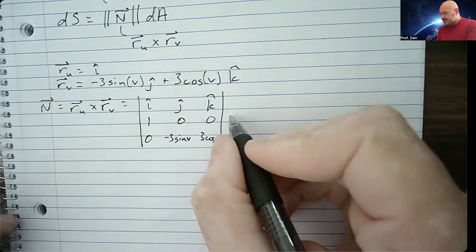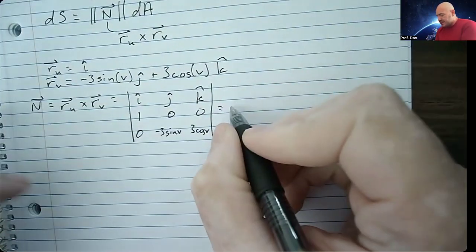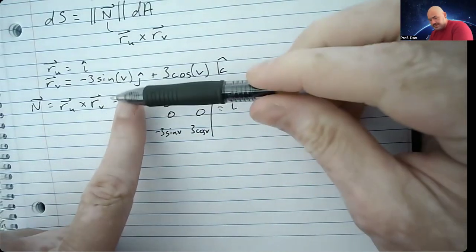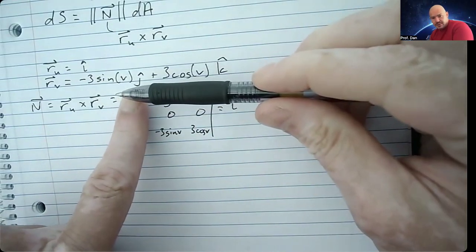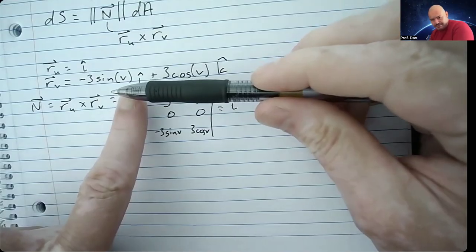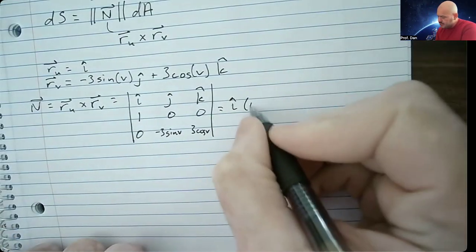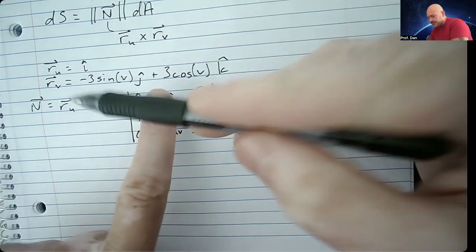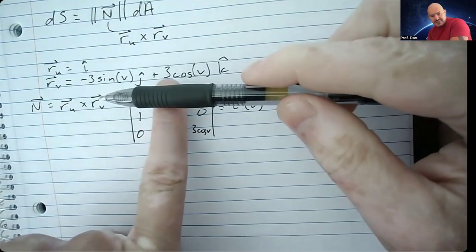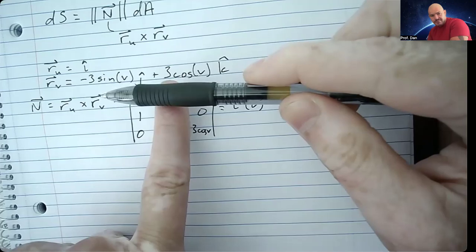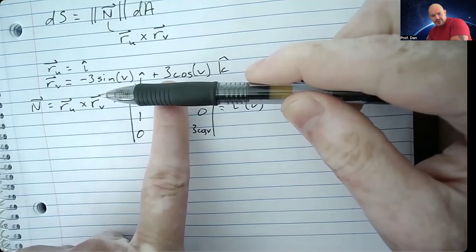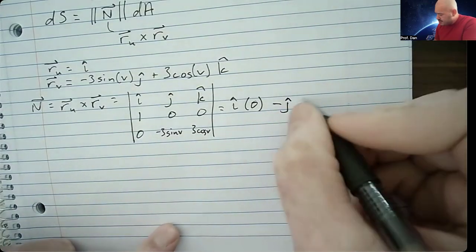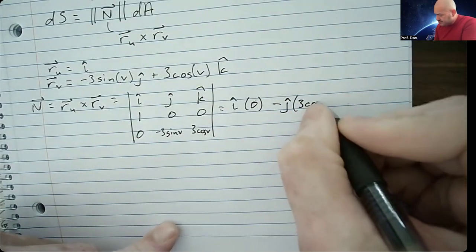Now to find this determinant, remember we can split into 2x2s. So if I cover up first row, first column, and I take the determinant of that matrix, I get 0. Minus j. Then I cover up first row, second column, and I take the determinant of this part. So that's going to be 1 times 3 cosine v minus 0. So just 3 cosine v.